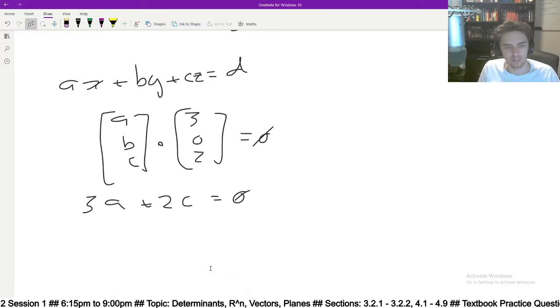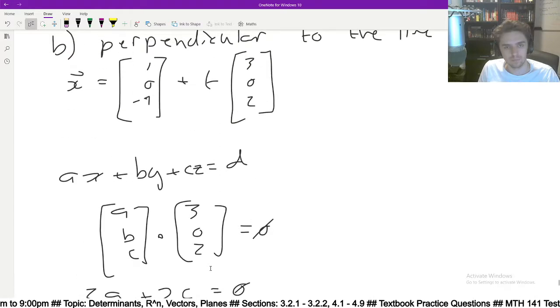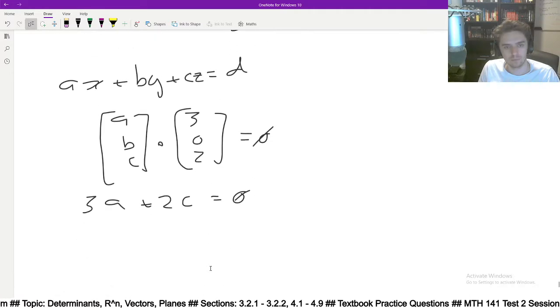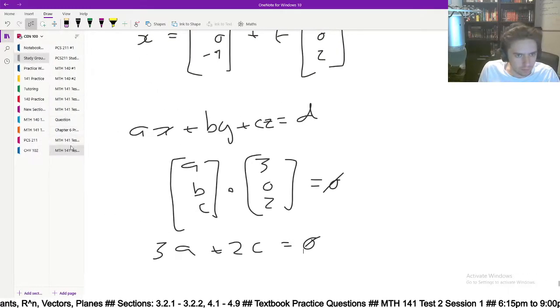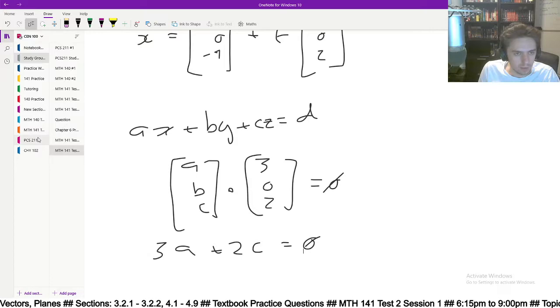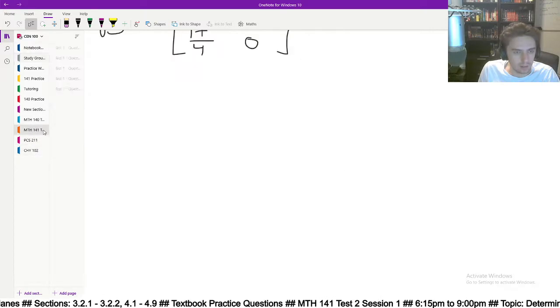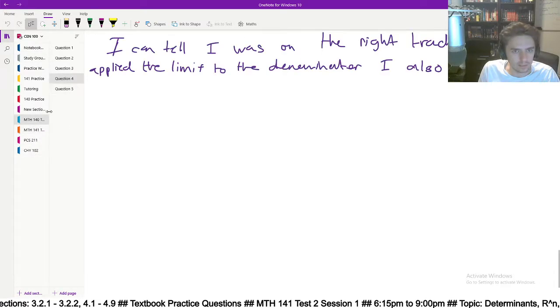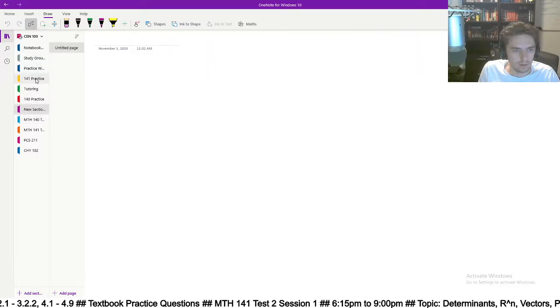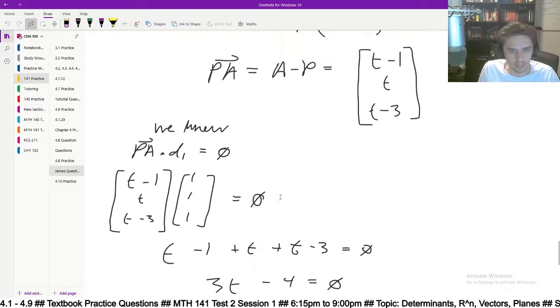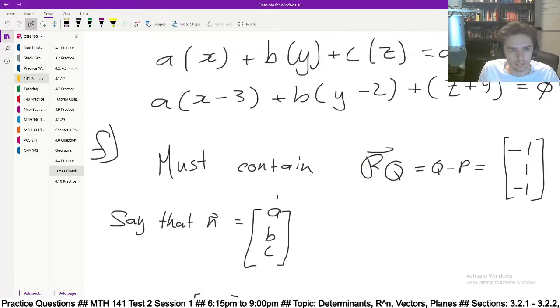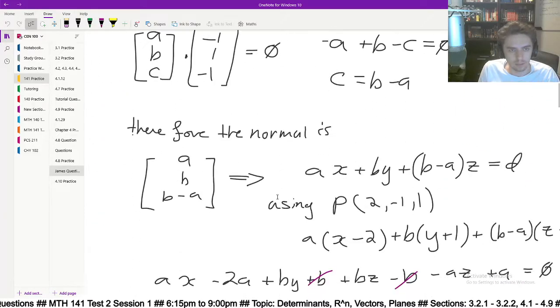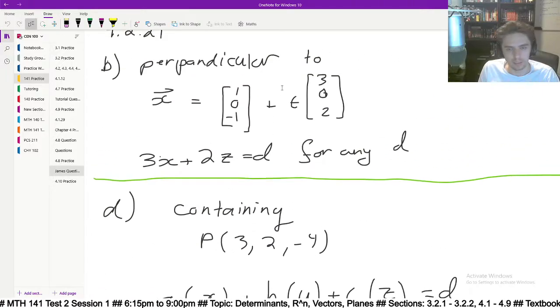This isn't going to be right now. Let me look at my solution before. This one? No, that's my test. Practice one. Okay, 4.2.21, this one, B. Perpendicular to that line.